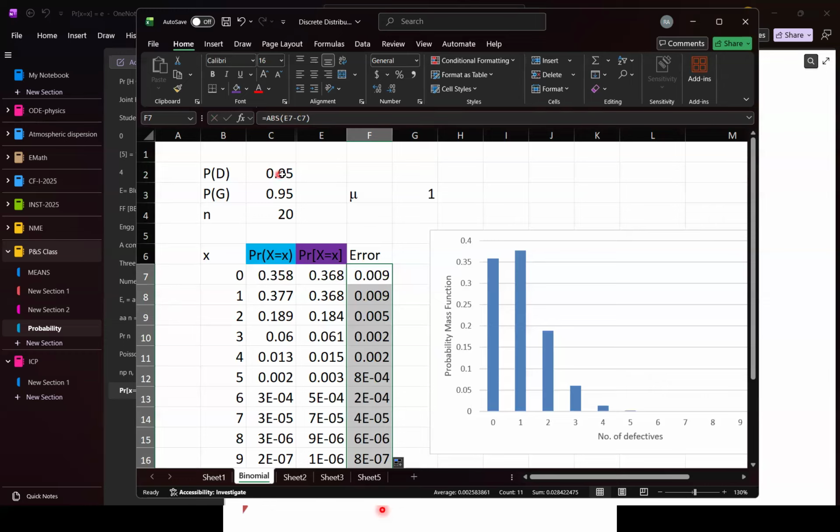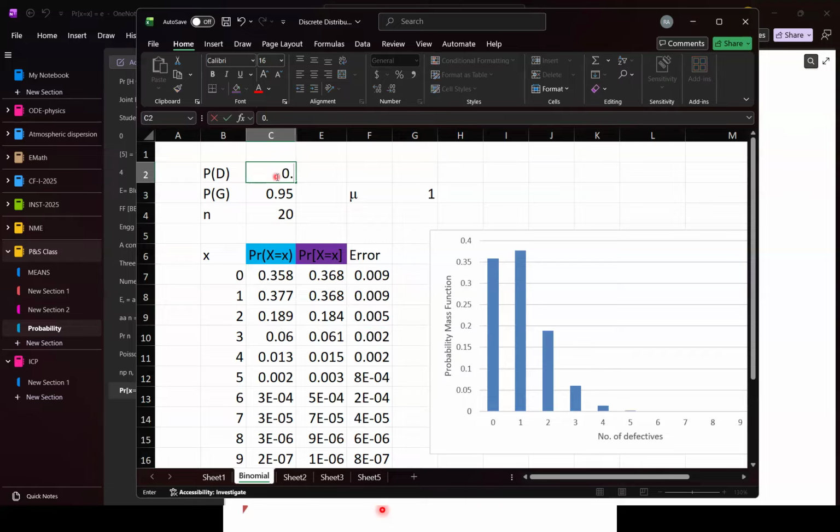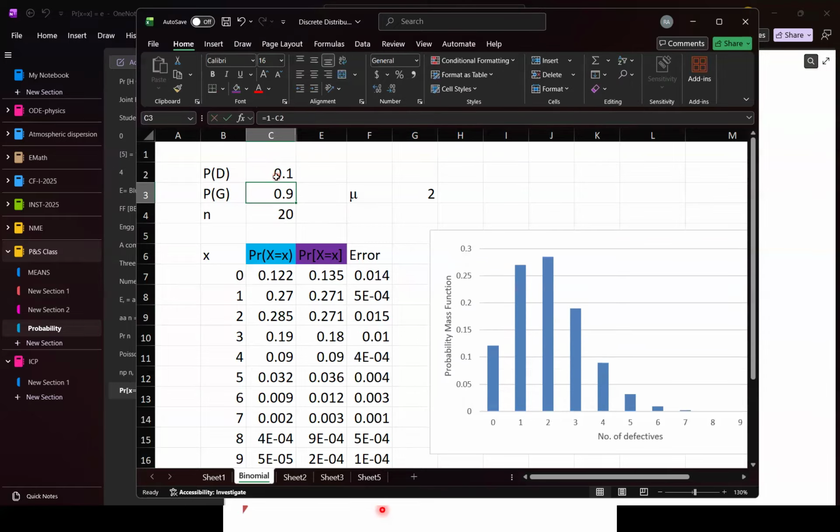However, we have to consider that the probability of success should be very small and n should be very large. Let's test that for a value, say 0.1 and 20. We find that the errors are still smaller. This is due to the fact that n is very, very large.